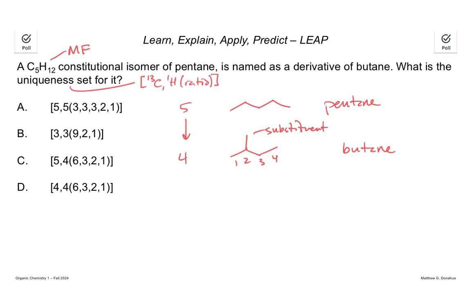But as a substituent, the name changes a little bit. It's called methyl, CH3. And that methyl group is at position 2, so we have to use a number to say where it's located. So instead of calling it butane, we call it 2-methyl butane. And that has the exact same molecular formula, C5H12, as pentane.